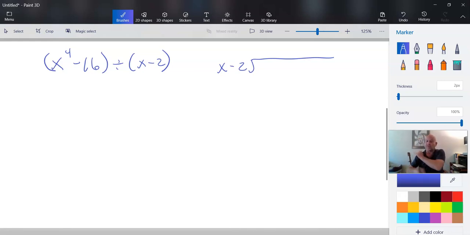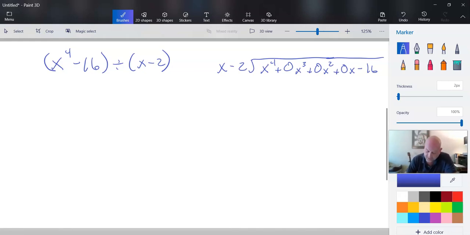And that way it keeps all of our place values. It's basically lining up place values is what you're doing. And if we can keep the place values lined up, that works out pretty good. So we rewrite this as x to the fourth plus 0x cubed plus 0x squared plus 0x, and it's minus 16. Minus 16. Oh, that's going to be a lot of work here.